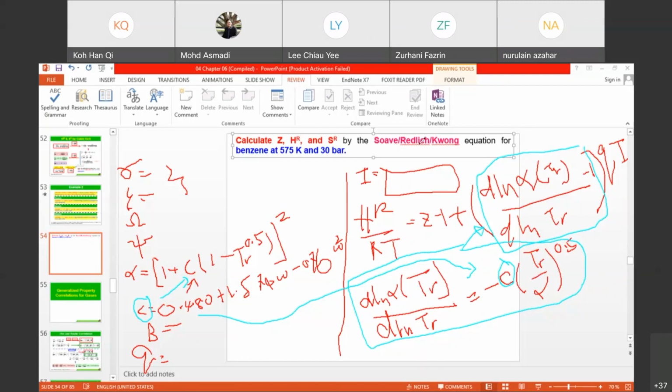For Peng-Robinson it is similar, the similar step and similar equation. Any questions about this one? Okay, so I guess this is clear, before we move to the generalized correlations to calculate the residual properties.